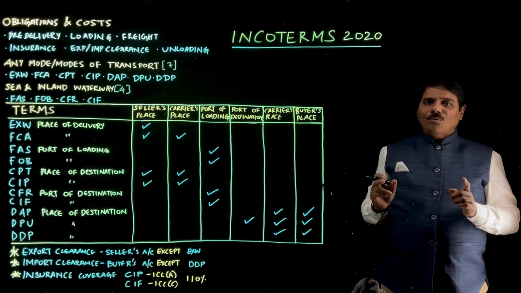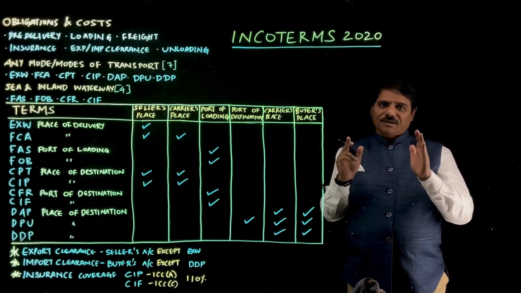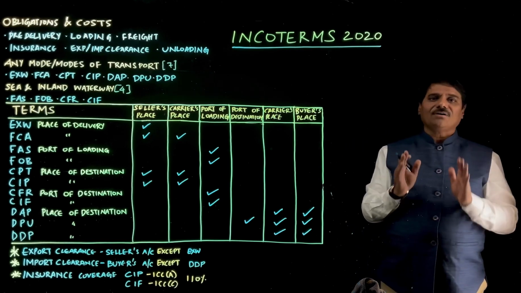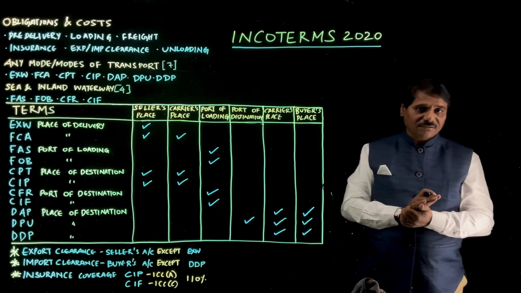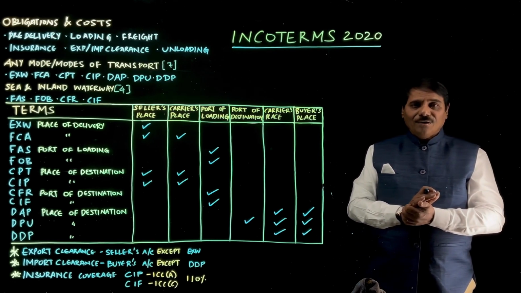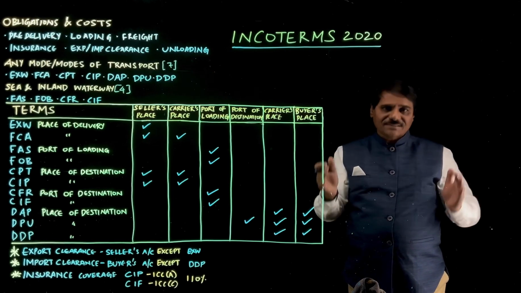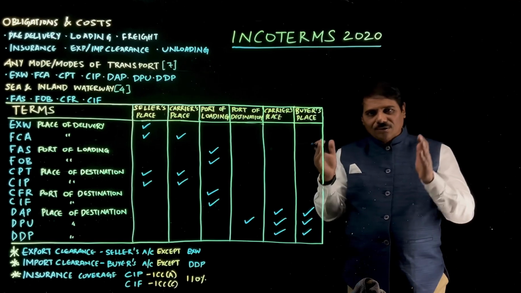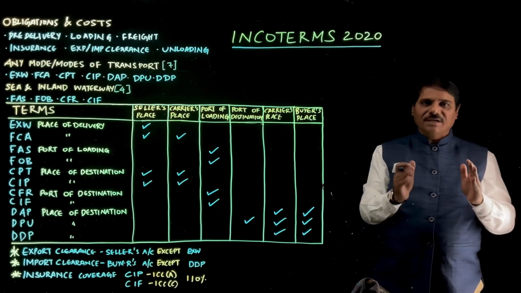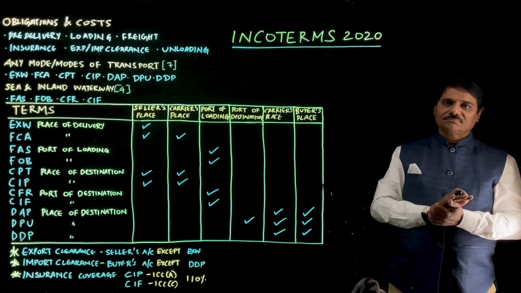Why we are adopting international commercial terms is because by adopting international commercial terms in a sales contract, your contract size will come down substantially. It is very difficult to incorporate all seller's obligations and buyer's obligations in a sales contract.